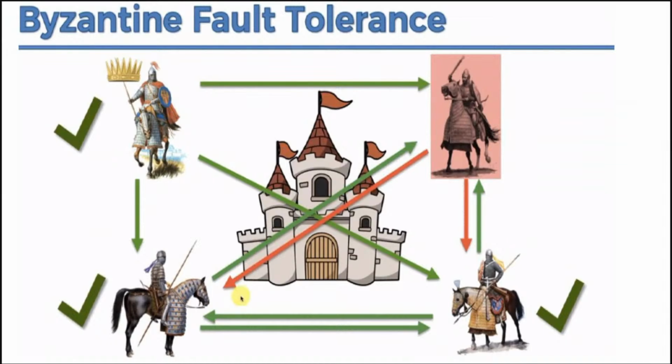You can see the red arrowheads saying not to attack. Even though he sends a wrong message, node number 3 gets a majority of 2 attacks and 1 not to attack, so he will still obey and attack. In a similar fashion, node number 4 also receives only 1 message not to attack and the other 2 messages to attack, and he will also agree to attack.